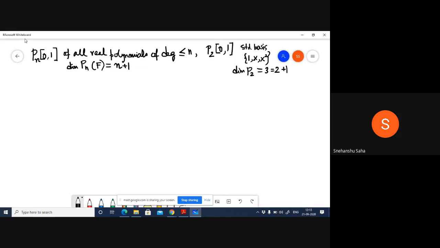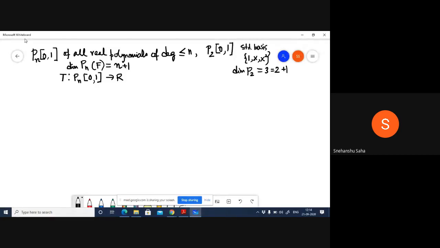Now, I want to define a linear transformation from this space. Let's say I have a linear transformation that maps everything to a real number, just a scalar. And this is linear.